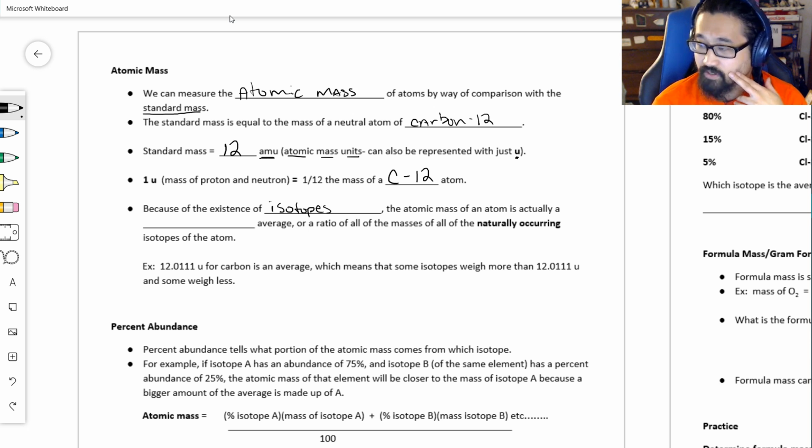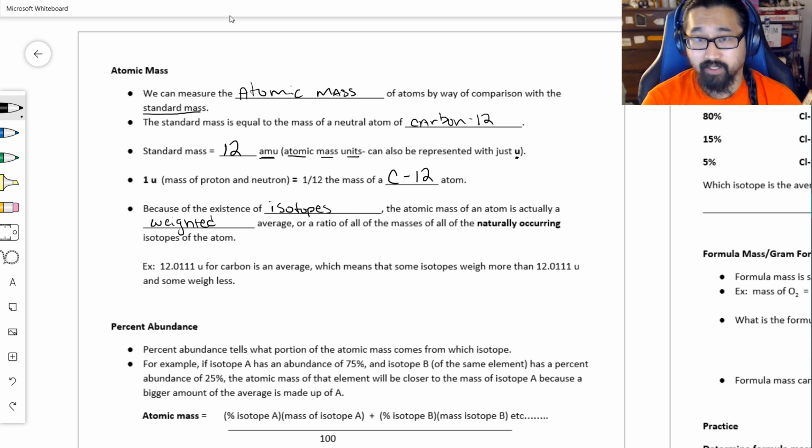So what we need to do in order to calculate an atomic mass, it's actually an average. The atomic mass is, and it's not just an average, it's a weighted average. What I mean by a weighted average, it's kind of like your grades on your report card, right? Not all your classes count for the same amount of credit. This happens in college too. Some classes are weighted a little more heavily than others.